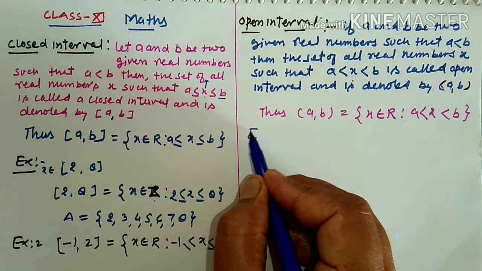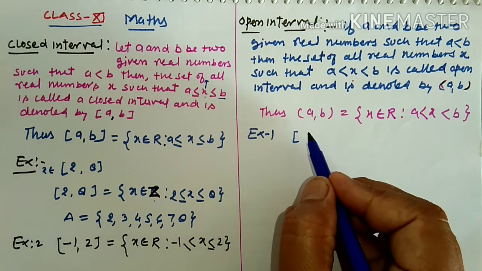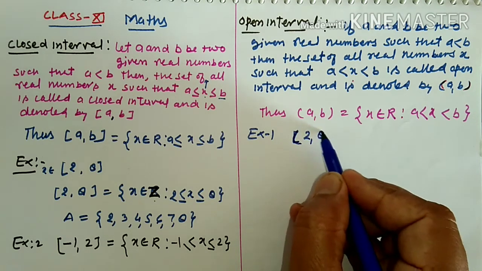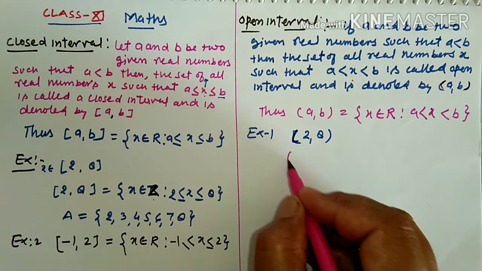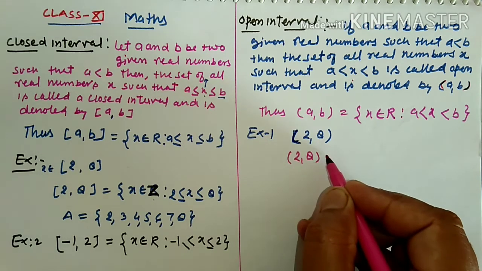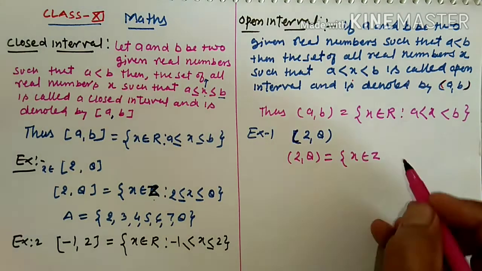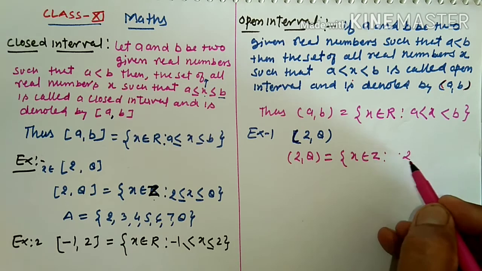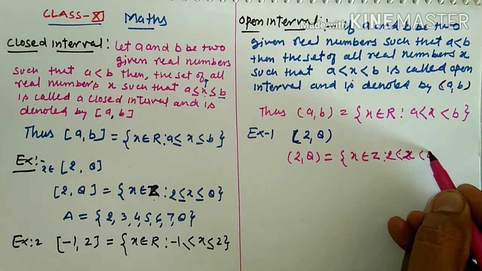Example 1. We can write it as closed interval [2, 8]. Similarly to the last example we have taken, (2, 8) is equal to x belongs to integers such that, I will take integers to clear your concept, x is greater than 2 but less than 8.